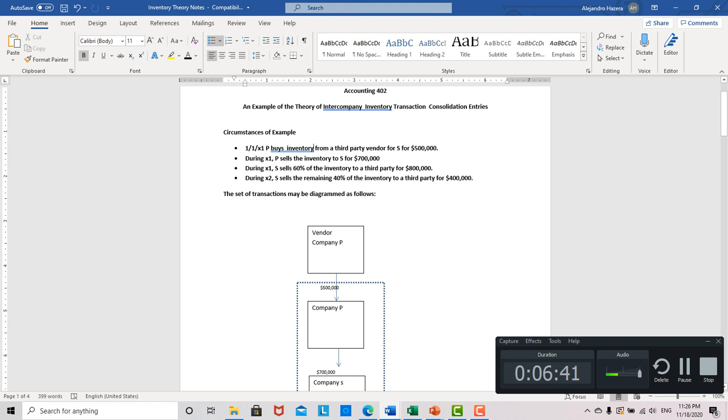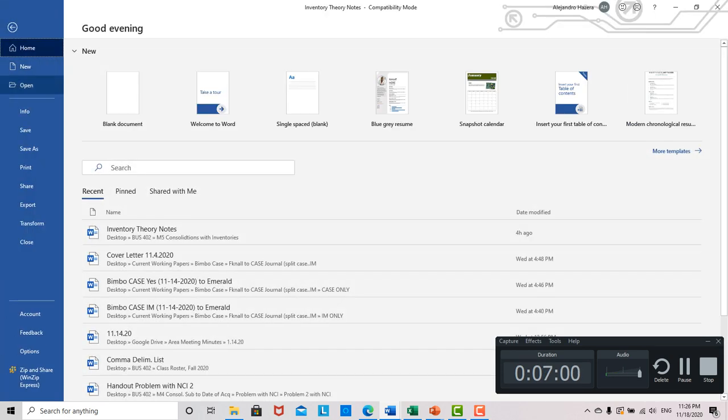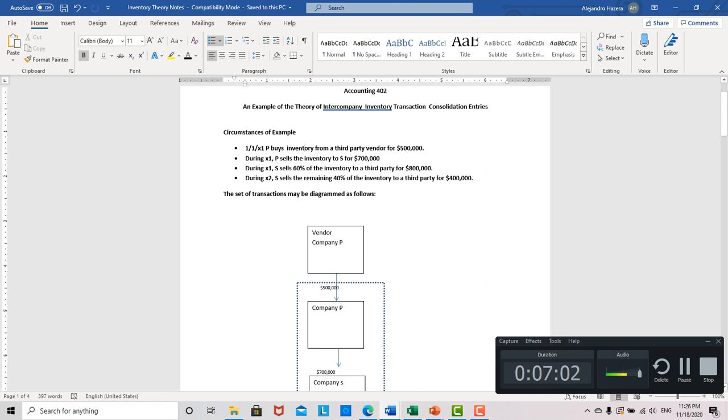Four facts, very easy. Let's say on 1-1-X1, P, the parent, buys inventory from a third-party vendor for $500,000. That's very important because of who P buys it from.